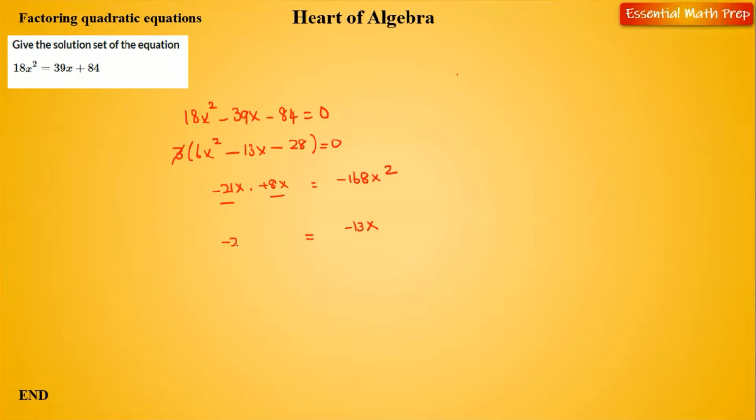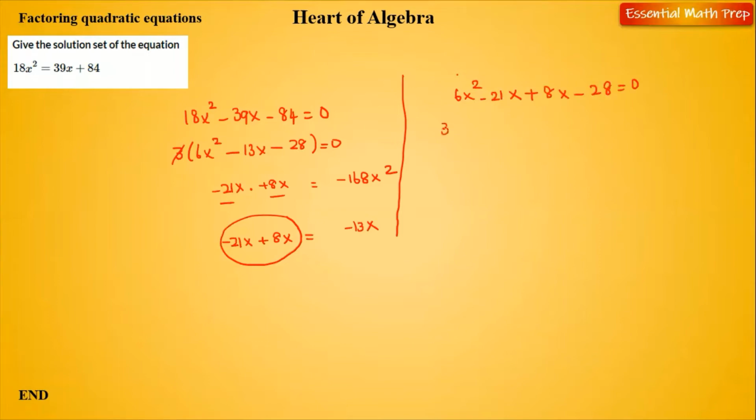At the same time, if you take negative 21x plus 8x, then you get 21 minus 8 is 13, negative 13x. So that means we substitute this in place of negative 13x. So that means it will be 6x squared minus 21x plus 8x minus 28 equals 0.